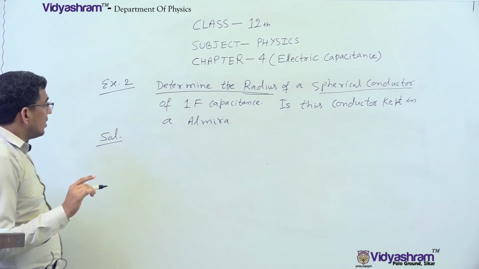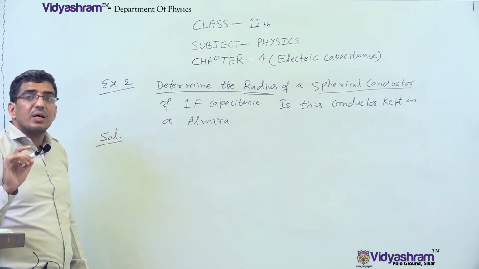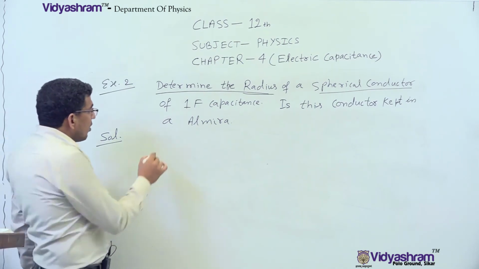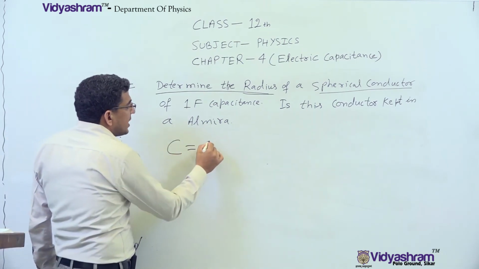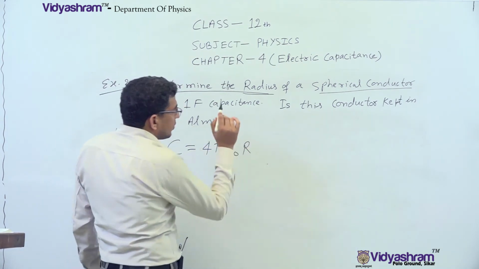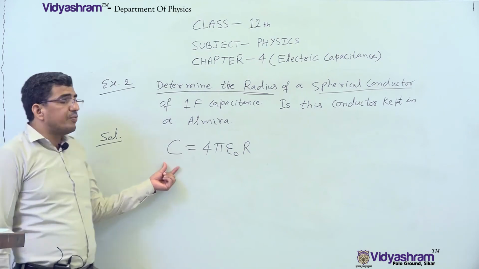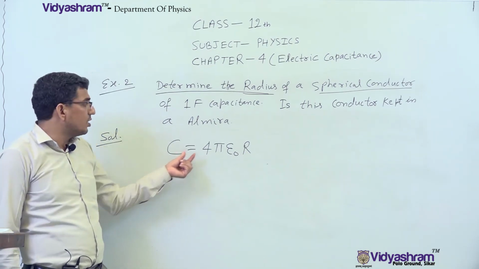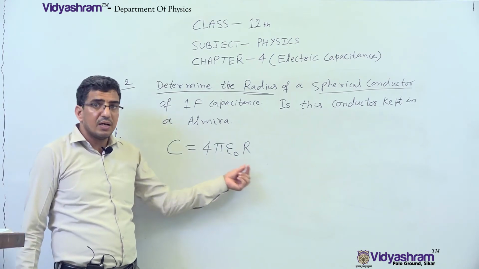Then what is the formula of capacitance of a spherical conductor? The formula of capacitance of a spherical conductor is C is equal to 4 pi epsilon naught R.